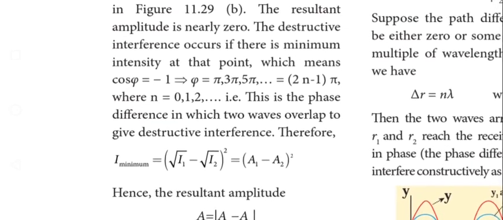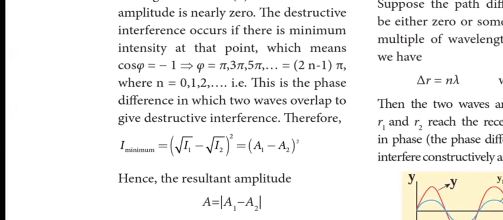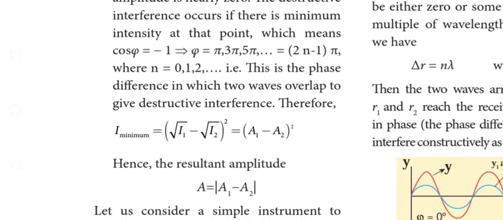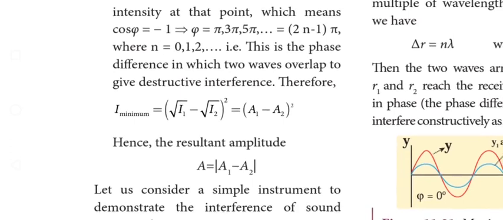Destructive interference occurs if there is a minimum intensity at that point, which means cos phi is equal to minus 1. So phi takes the values pi, 3 pi, 5 pi, up to (2n minus 1) pi, where n takes the integers 0, 1, 2, 3, and so on.